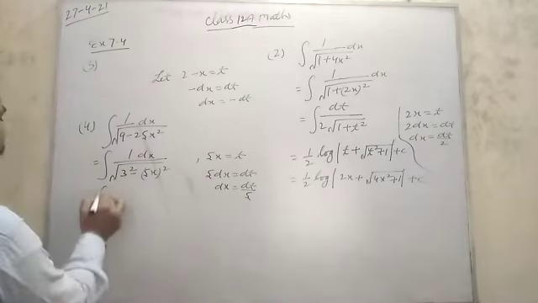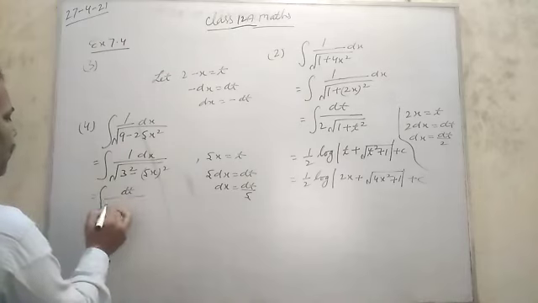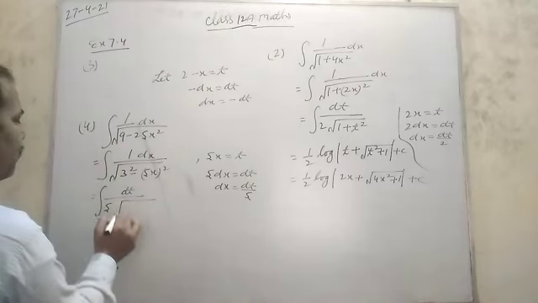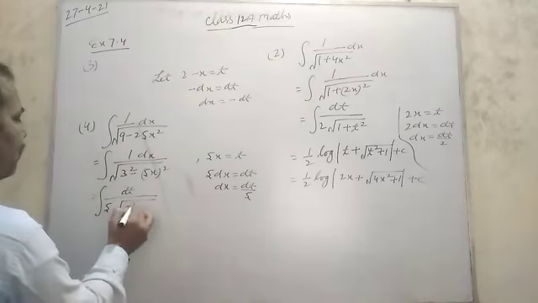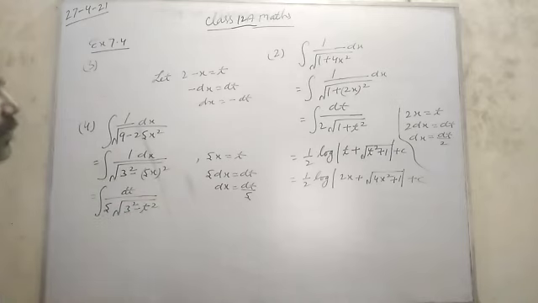Put there. So dt upon 5 under root 3 square minus t square. Then apply formula. Which formula? dt upon under root a square minus t square. Okay, that is sine inverse t upon a. Put there and putting t value.